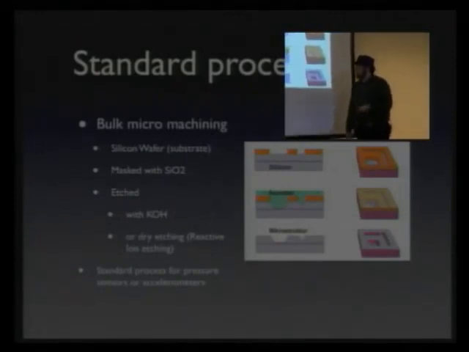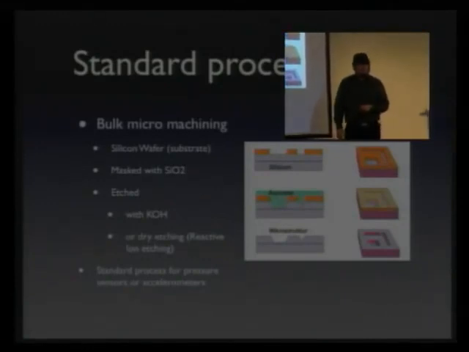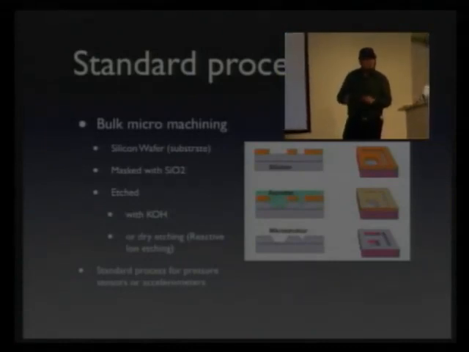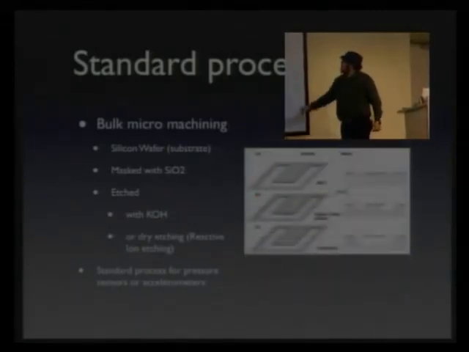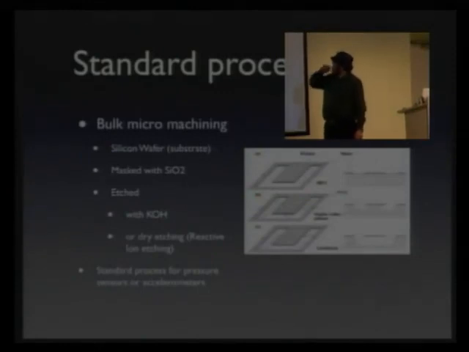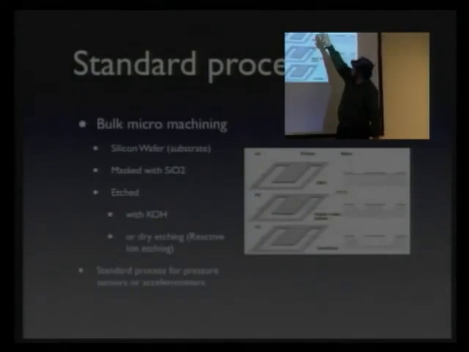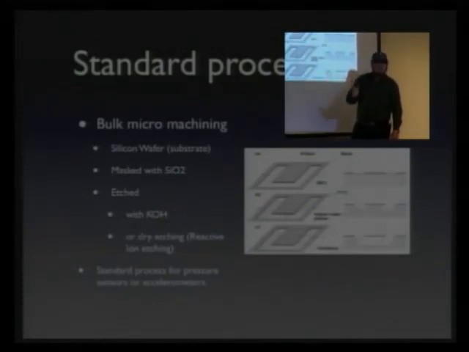What you can also use is dry etching, like reactive ion etching, but this is very, very, very expensive, and it's very slow, but you get really nice structures out of this. And why you use KOH is basically because you can get structures like this. As I will show you later, silicon does not etch in all directions right away.